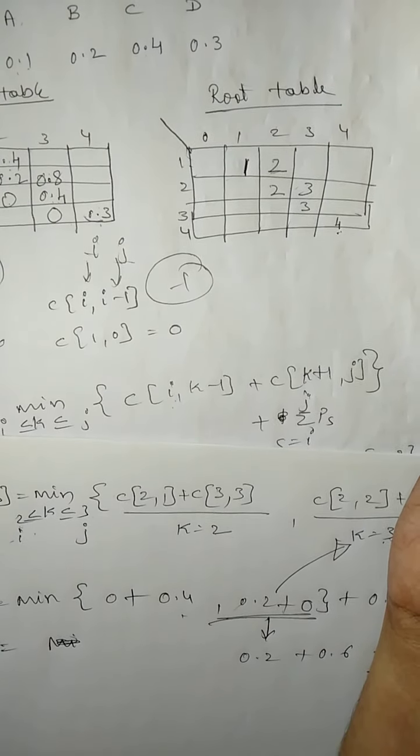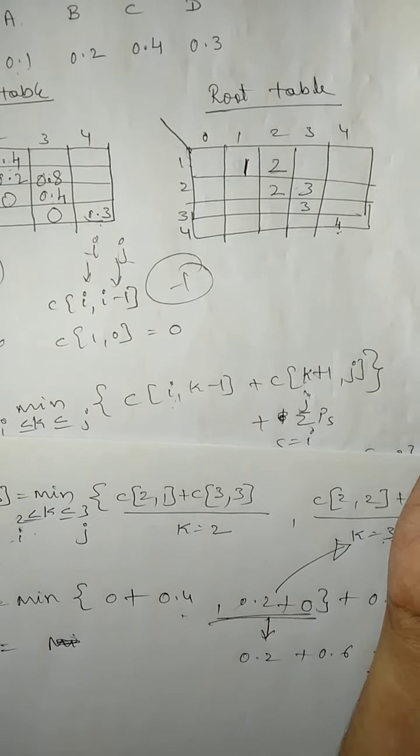Next, C11 and C33. C11 is 0.1, C33 is 0.4, comma. C12 and C43: C12 is 0.4, C43 is 0. So which is the minimum? It is 0.8, it is 0.5 and it is 0.4, right.